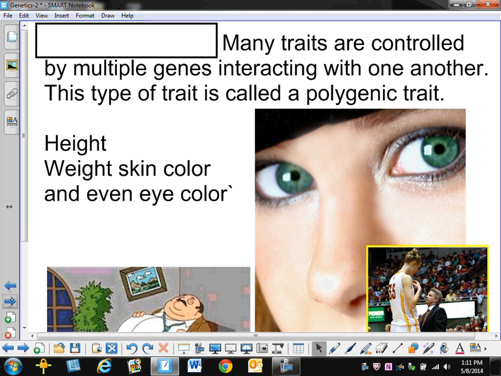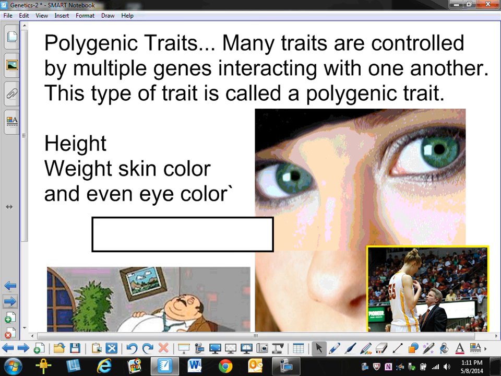All right. So many traits are controlled by multiple genes interacting with one another. Just this part is all you're going to need to write down. This type of trait is called a polygenic trait. Polygenic traits: many traits are controlled by multiple genes interacting with one another.